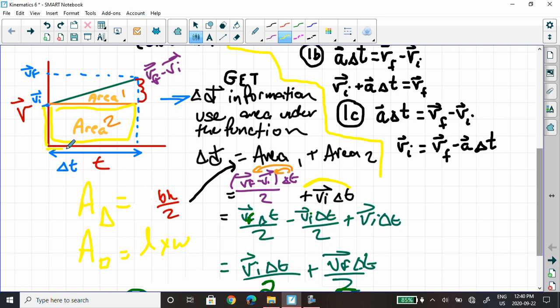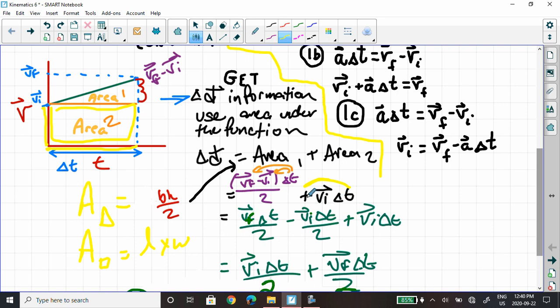It goes from here to here, which we already know is delta t. So here is area number 2, a rectangle. It's VI times delta t. So I have found the area under this irregular shape by dividing it into these two parts. I have VF minus VI, all in brackets, multiplied by delta t over 2. That's area 1, the triangle. And I have VI times delta t, that's area 2, the rectangle.